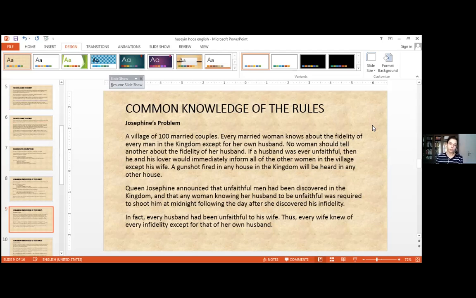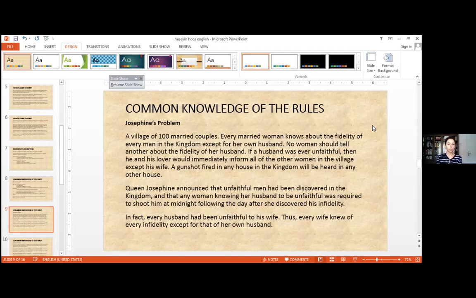The queen of the village, Josephine, once announced that unfaithful men had been discovered in the kingdom, and that any woman knowing her husband to be unfaithful was required to shoot him at midnight following the day she discovered his infidelity. So in fact, every husband in this village is unfaithful.